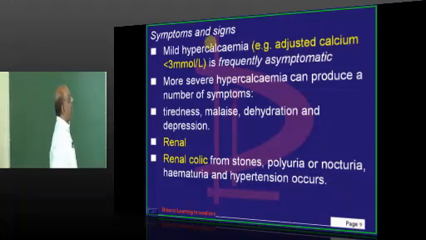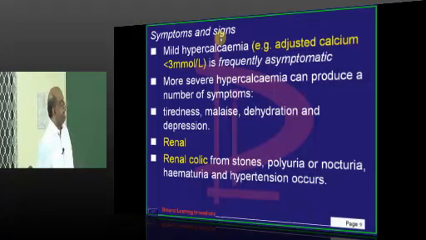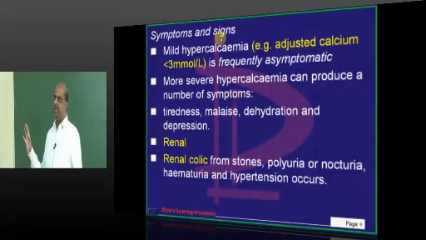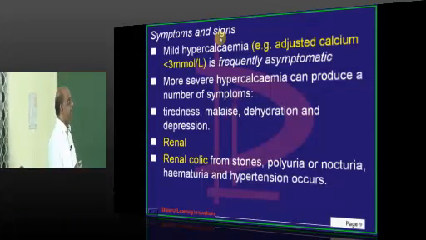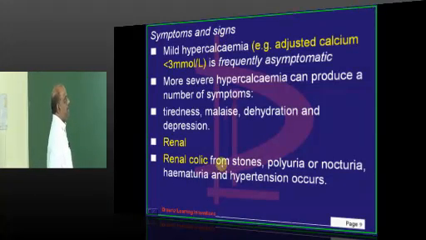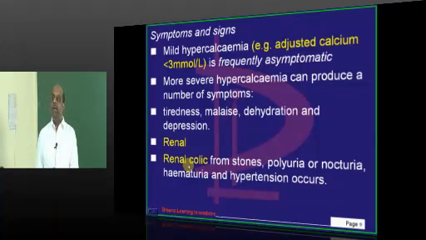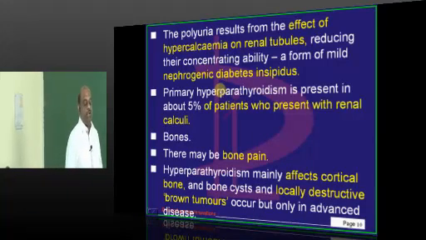Now, what are the important symptoms and signs of the hypercalcemic state? If hypercalcemia is mild, it is often asymptomatic and nothing needs to be worried about if it is less than 3 millimoles per liter. Suppose it is more severe, then it starts producing symptoms. So there can be renal colic, there will be polyuria. Why will polyuria be there in hypercalcemia, doctor?